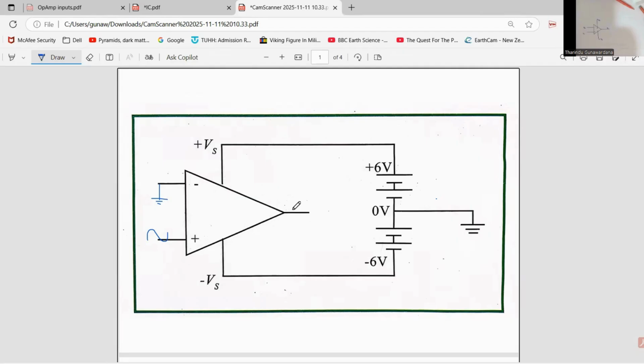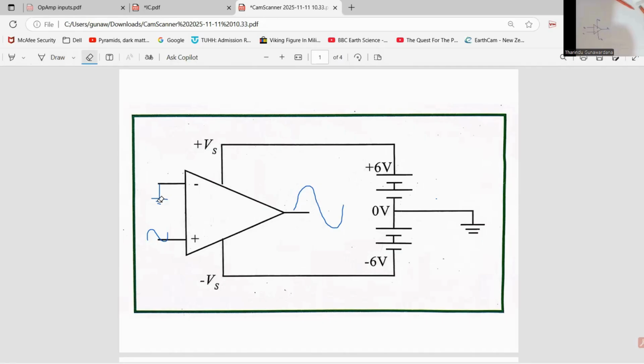The output is amplified, and there is no phase difference. Therefore, this positive input is known as the non-inverting input. The signal is amplified, and there is no phase difference.